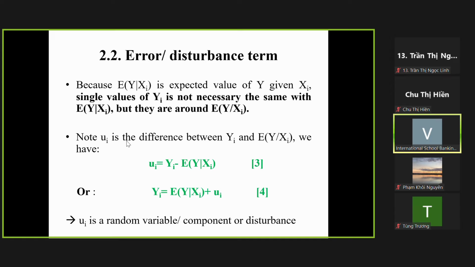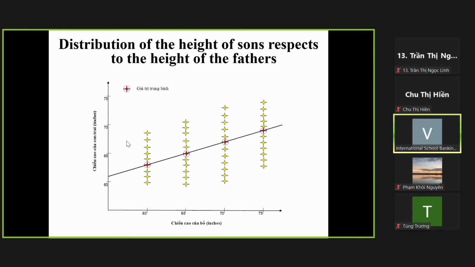Okay, so for example, go back to the graph here. You see the expected value or the mean value is a red point here, but the real value of the observation is a 0 point, right? And we can see the gap. The gap could be positive, could be negative, and could be 0 if the real value overlaps with the expected value, right?